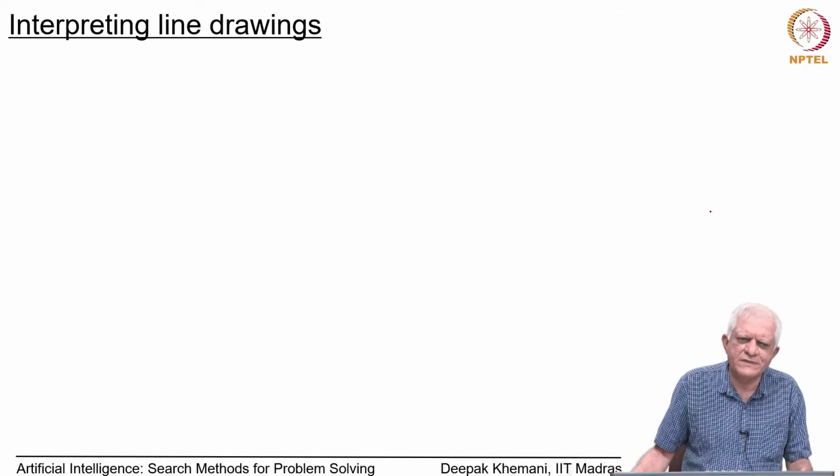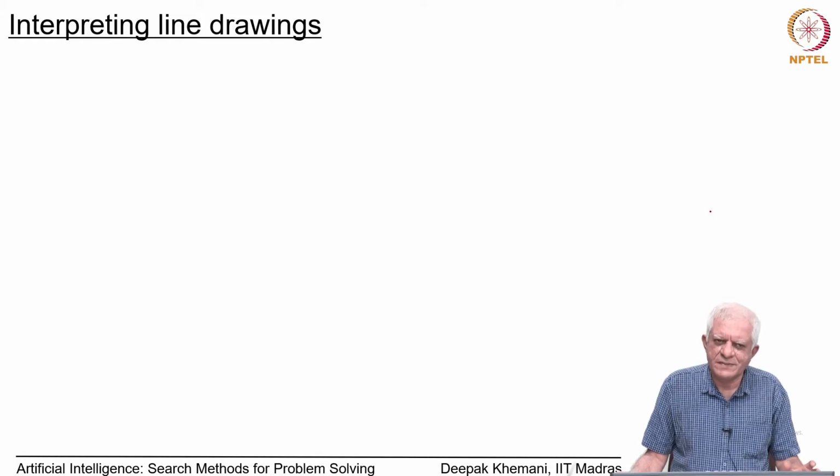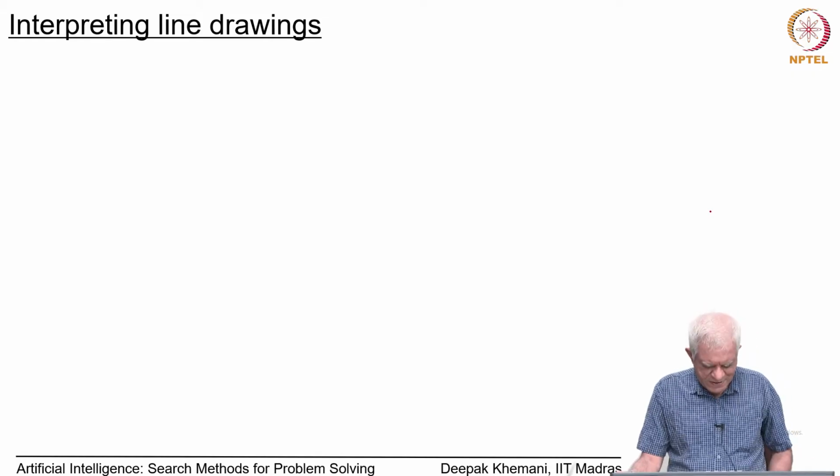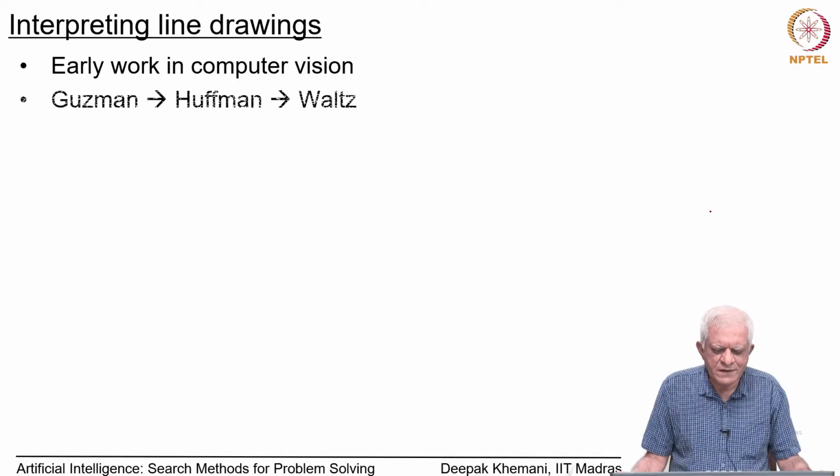Another interesting problem which has been posed as a constraint satisfaction problem is the problem of interpreting line drawings, and it came from the field of early work on computer vision. I think this work was from MIT. There are 3 people involved in the story that we are looking at.